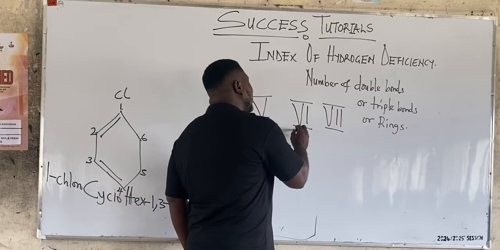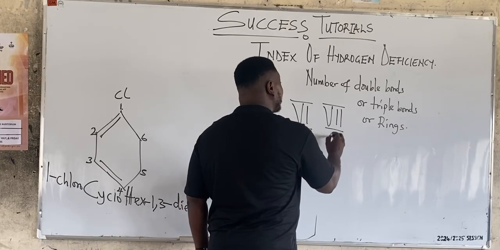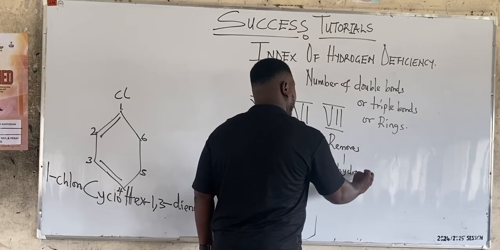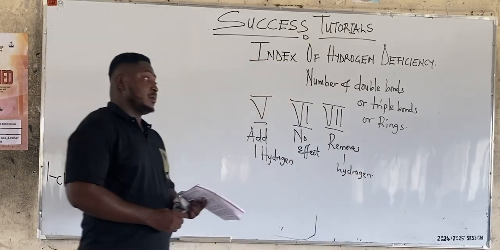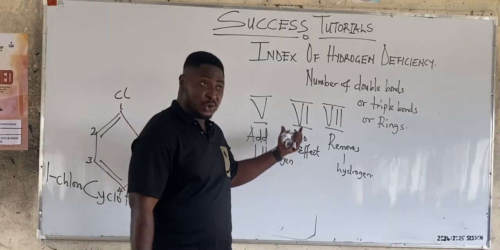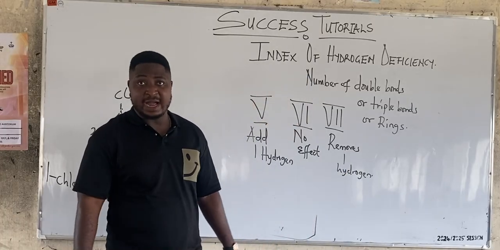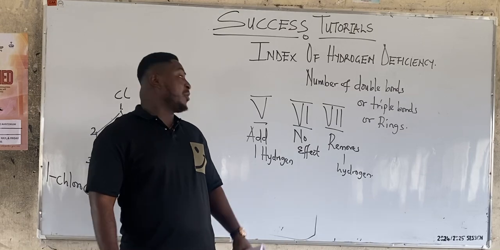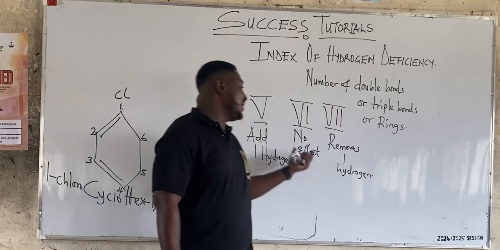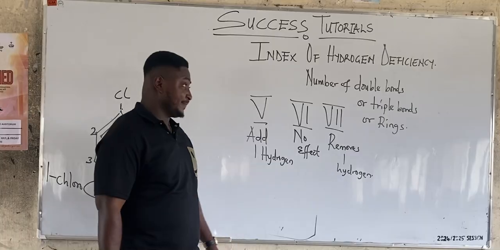Class, group 6 elements usually have no effect. And group 7 elements remove 1 hydrogen. So for every group 5 element in an organic compound, you add 1. For every group 6 element, no effect. And for every group 7 element, remove 1 hydrogen.